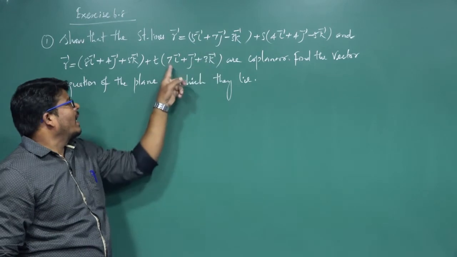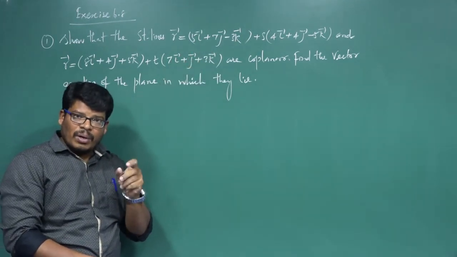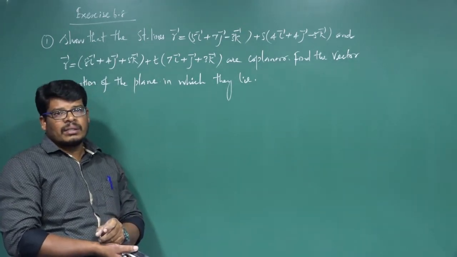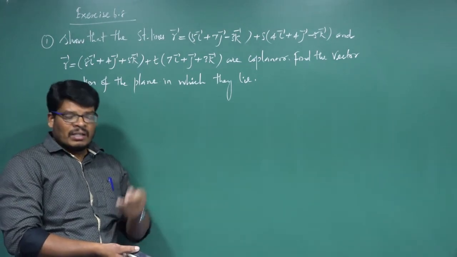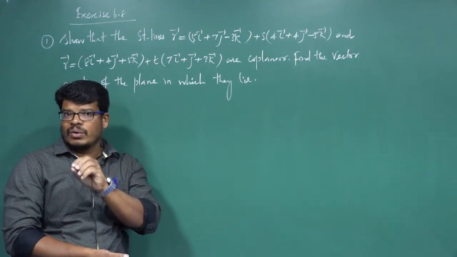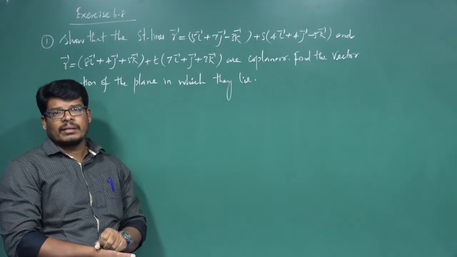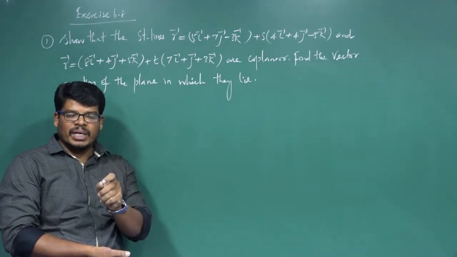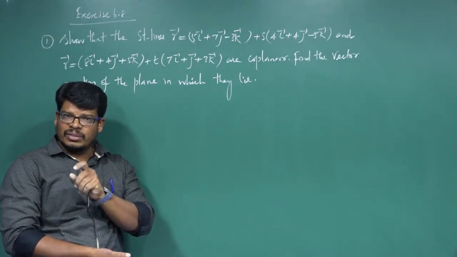Given two straight lines are coplanar, you already know the condition for two lines to be coplanar, in vector form and Cartesian form. The vector form is c vector minus a vector dot b vector cross d vector equal to 0. The Cartesian form is the determinant of x2 minus x1, y2 minus y1, z2 minus z1, l1, m1, n1, l2, m2, n2 equal to 0.